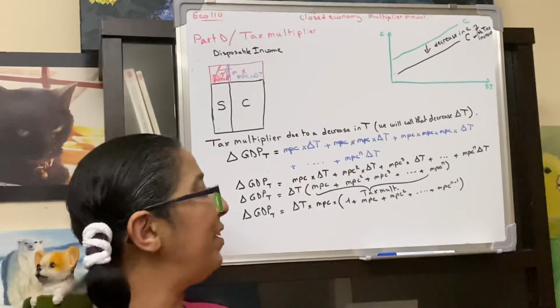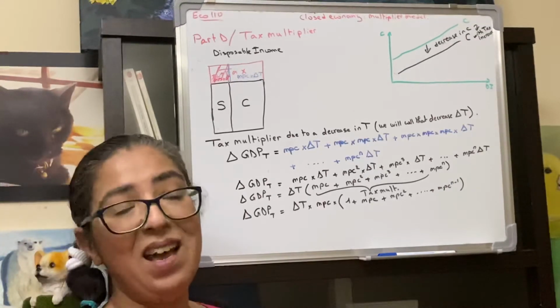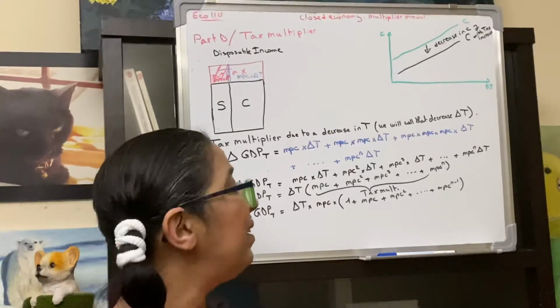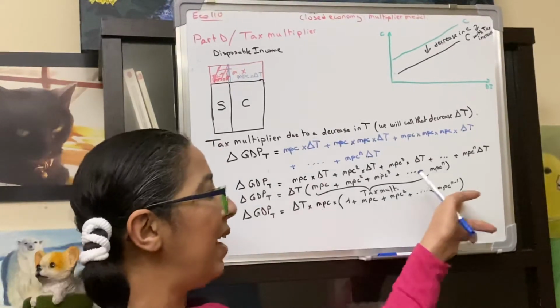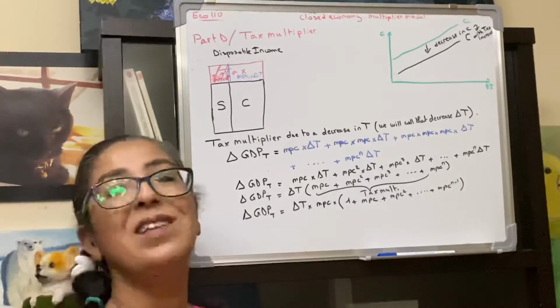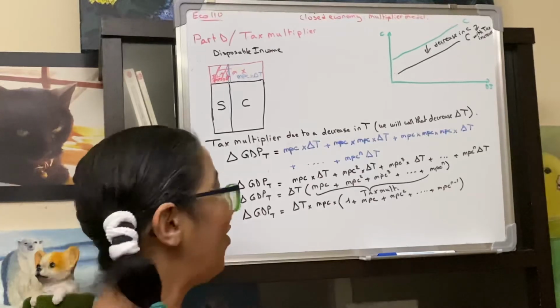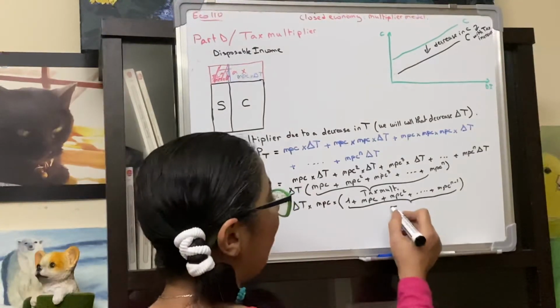For the simple reason that n tends to infinity, and as it is a fraction, a ratio, it's going to go towards 0. So I can apply the same formula I applied for the expenditure multiplier. So this here is actually your expenditure multiplier.